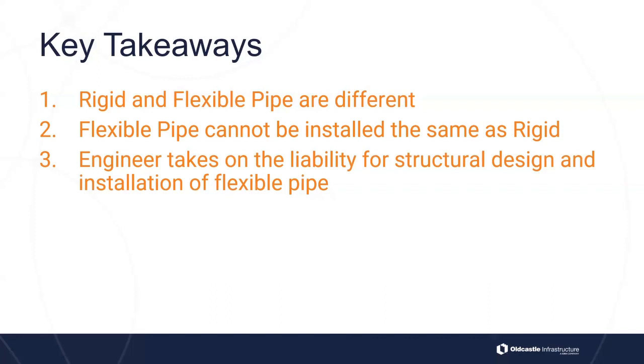While using rigid concrete pipe, the plant is going to certify the structure, but in flexible pipe, because it's only a liner and you need to make sure that it's an engineered installation and that it's installed correctly, you as the design engineer have the onus and responsibility to ensure that it is designed structurally and correctly, and it is installed per your design.